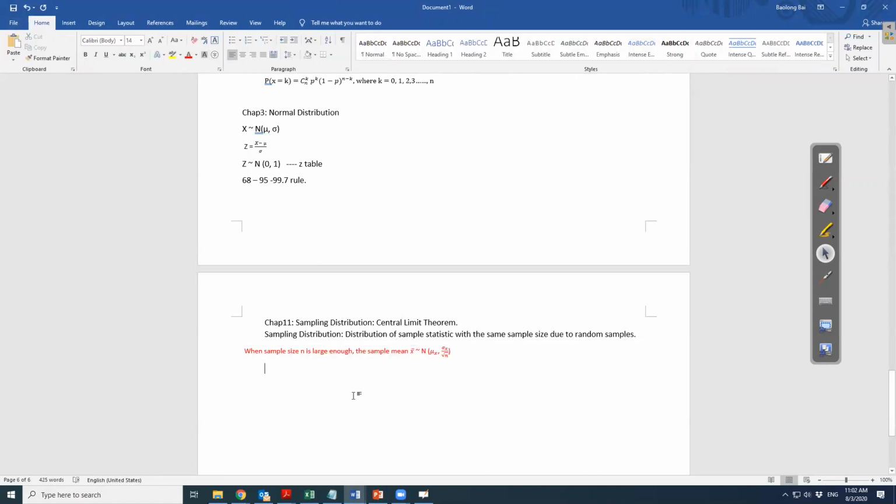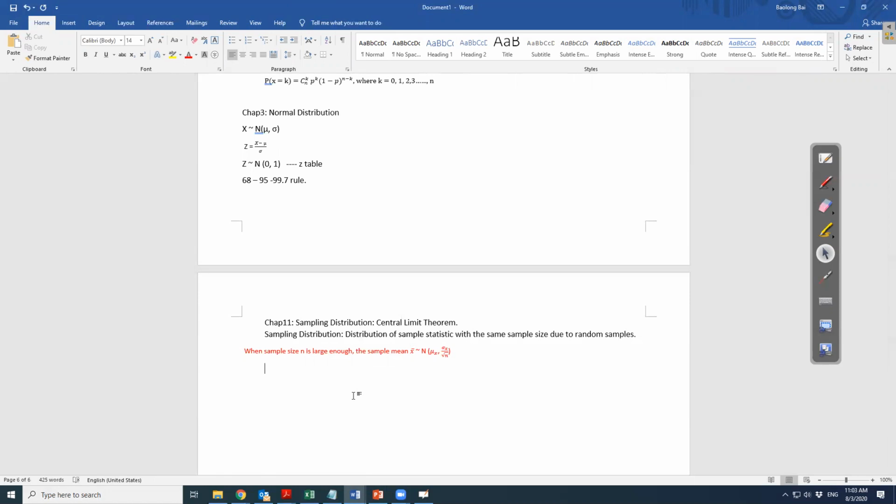And it is the central limit theorem that makes the normal distribution the most important distribution in statistics. It doesn't matter what kind of population you're studying. When you draw a sample, if your sample size is large enough, your sample mean x bar will always end up with a normal distribution.